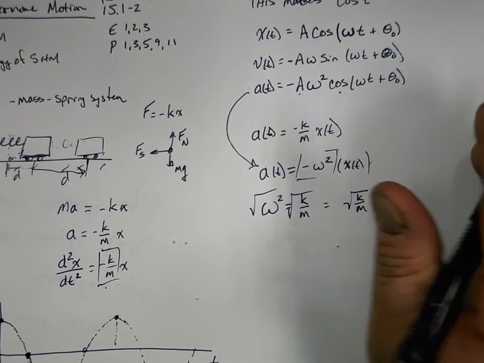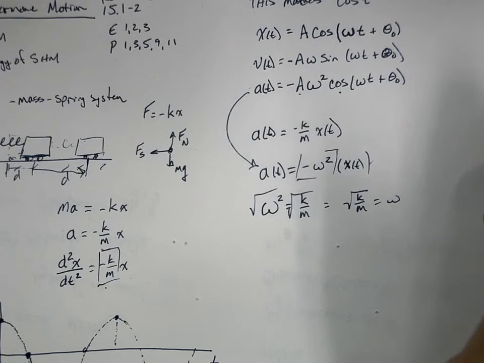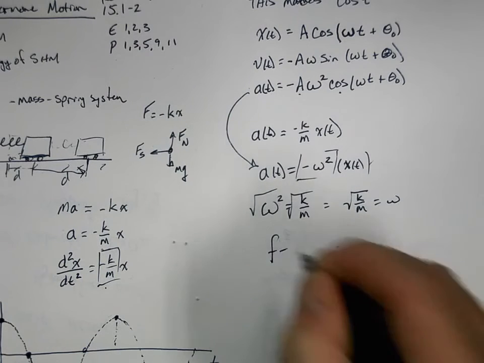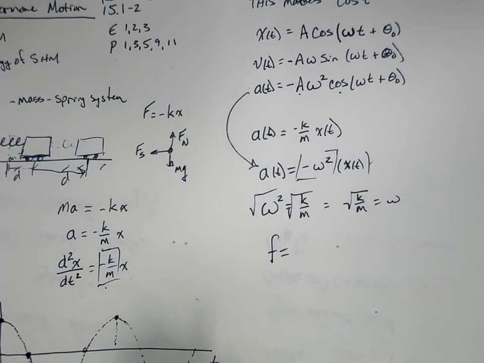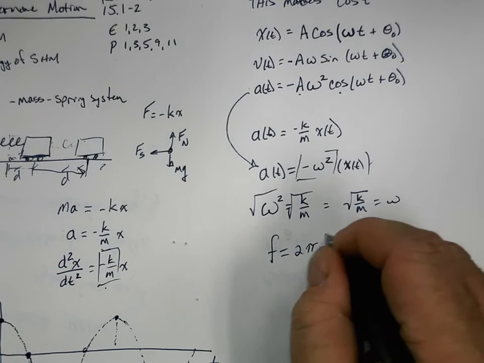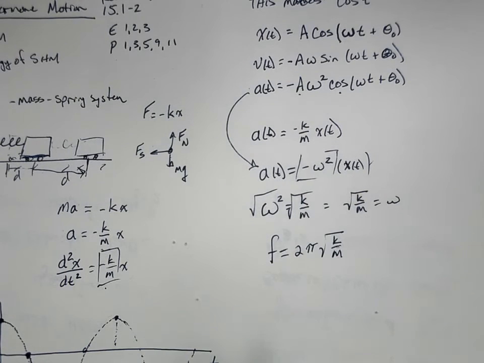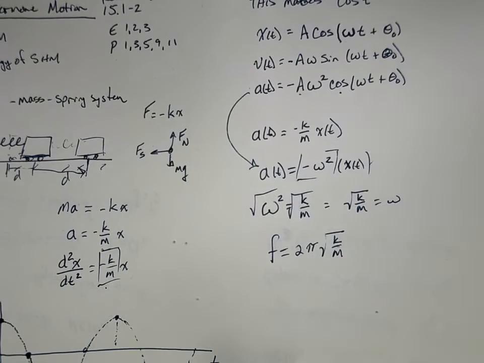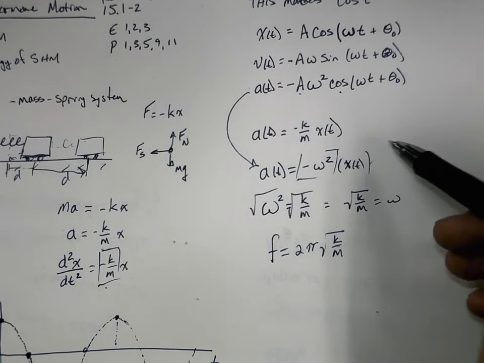So, how many radians are there in one full cycle of a circle? 2 pi. So our frequency of rotation, how often we go around, our cycles per second, is equal to 2 pi k over m.